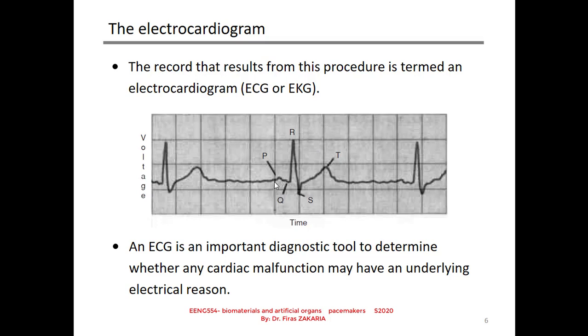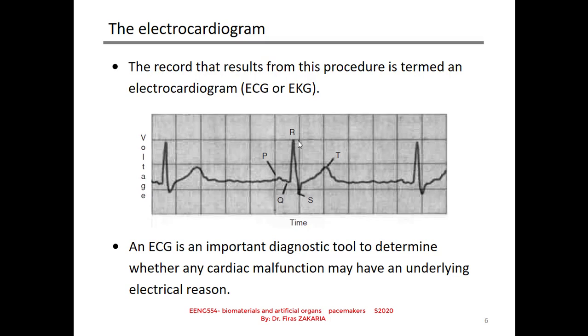The P wave here represents, or corresponds to, atrial depolarization, or atrial contraction. So at the P wave we have depolarization of the left and right atrium.